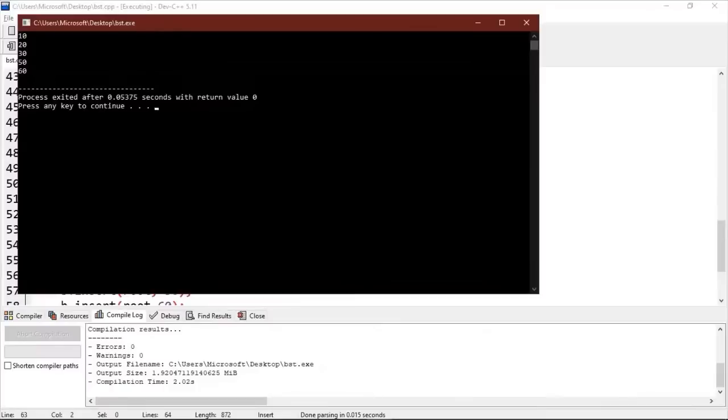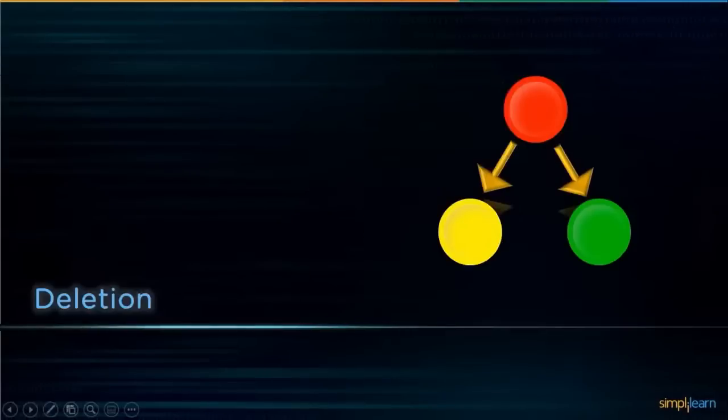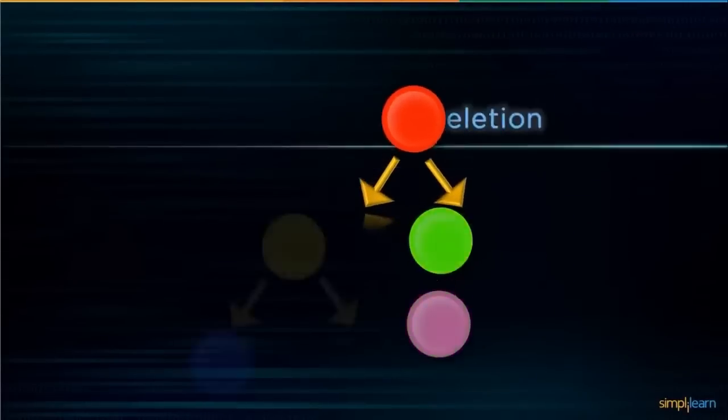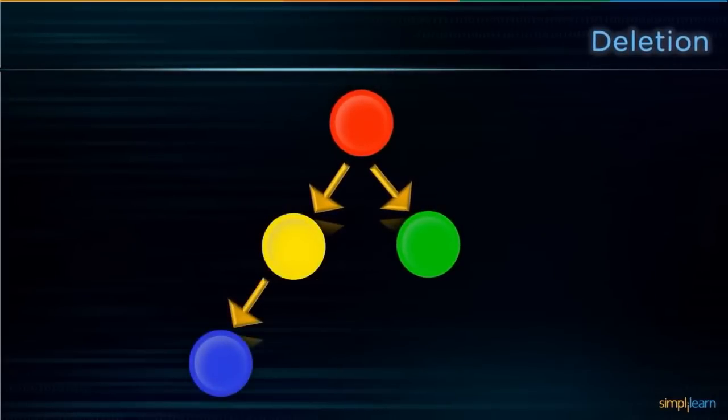Let's get back to slides. At last, deletion. We will delete a node following the binary search tree rules. That is, the value of the left subtree should be less than the parent node, and the value of the right subtree should be greater than the parent node. Let's try these in the code editor.